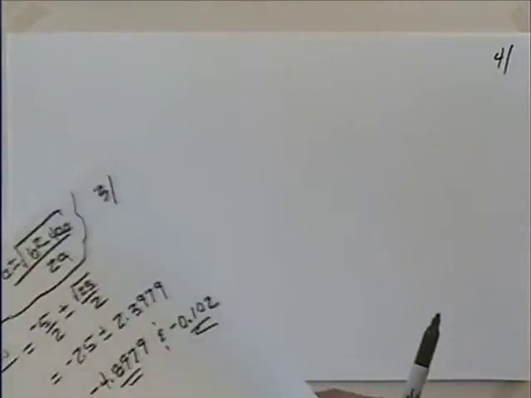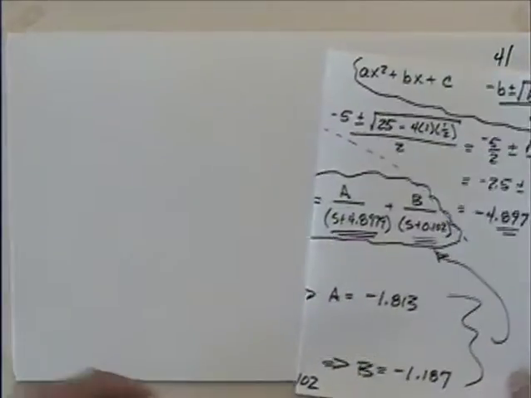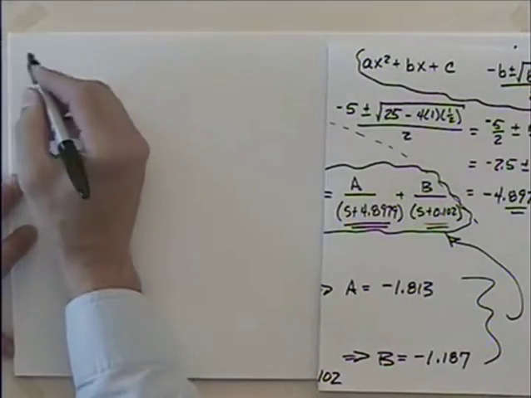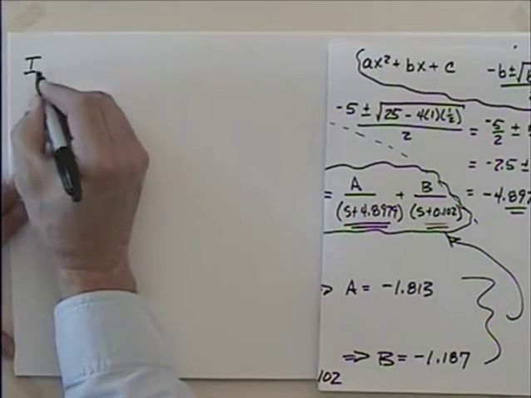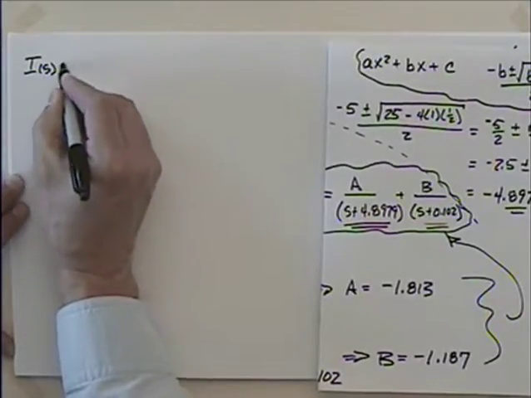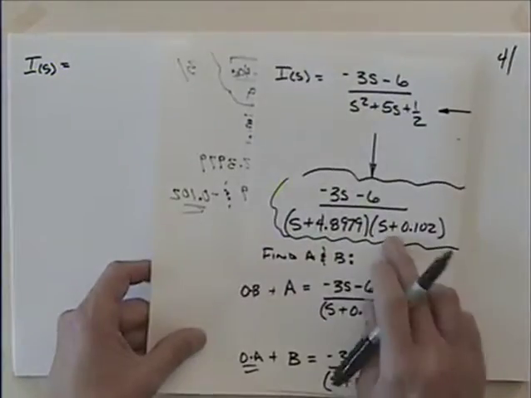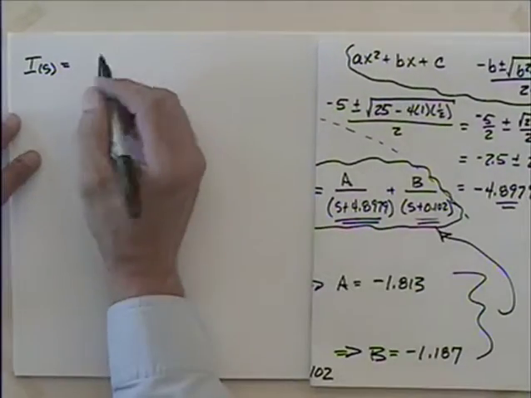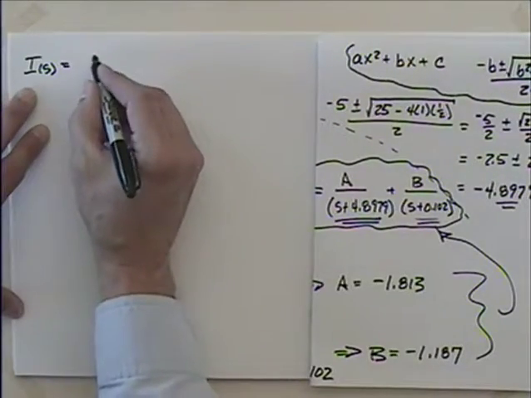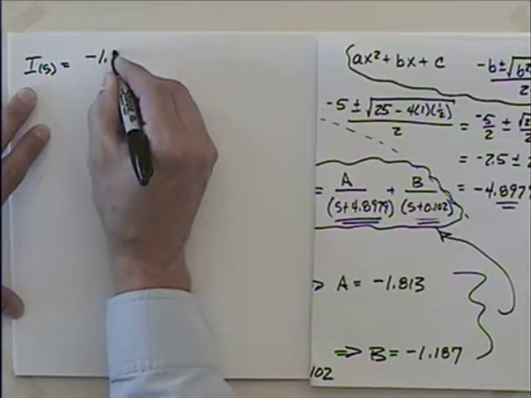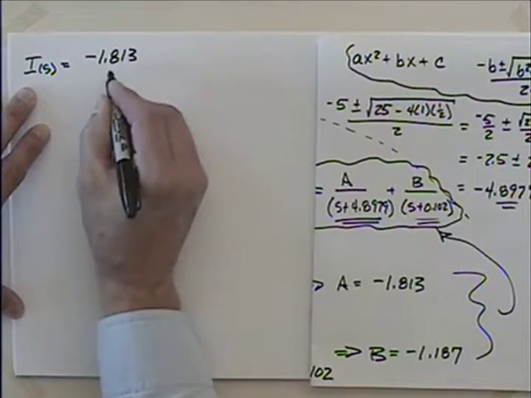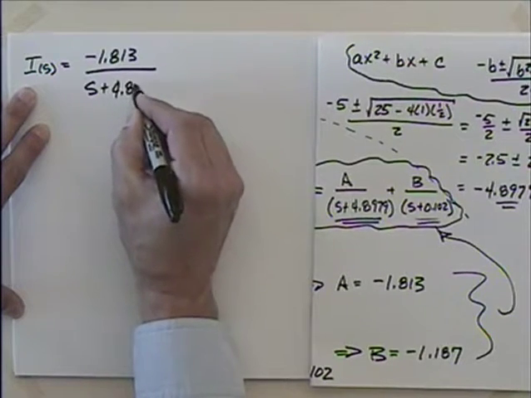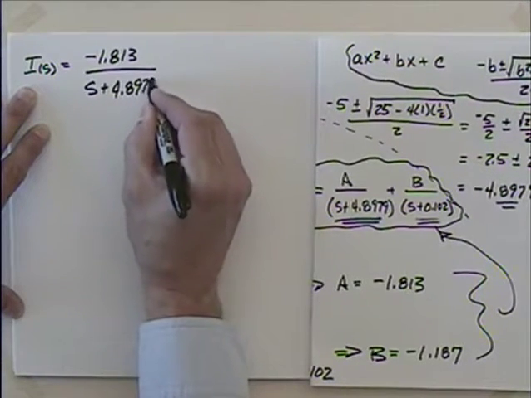So let's look at this guy. So we still have things in the S domain. So we've got that I in the S domain is now, instead of this awkward polynomial expression, I've got something that I can easily do the inverse Laplace transform of. So I've got A that's minus 1.813 divided by S plus 4.8979.